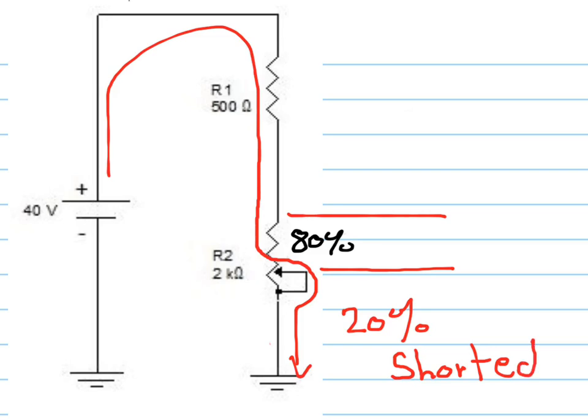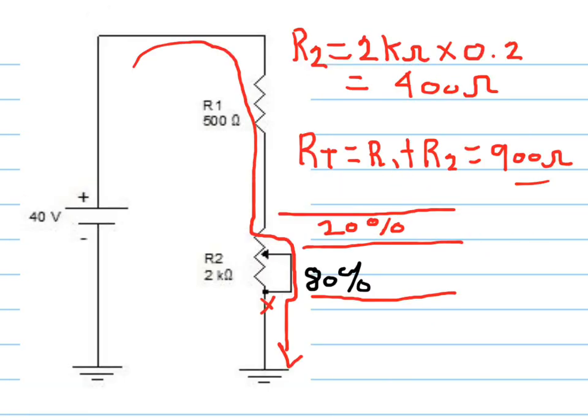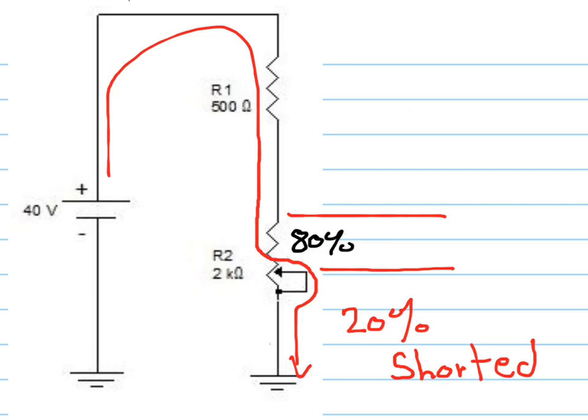Let me just go back. Over here we have 80% shorted, 20% available. Here we have 80% available, 20% shorted, because we just moved the wiper to a different position.